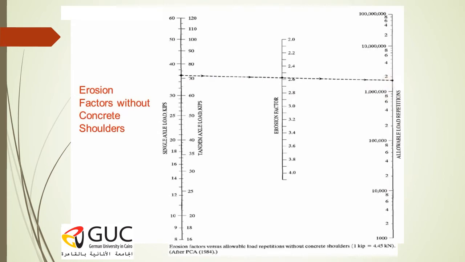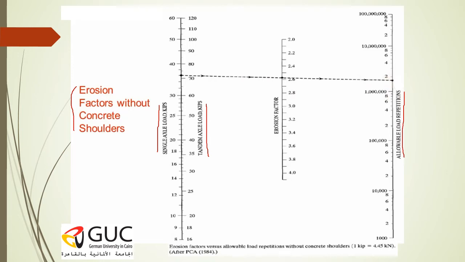So here we use this graph to obtain the allowable load repetitions. We know the single axle loads in kilopounds and the tandem axle loads. It is similar to what we did in the fatigue analysis. This graph here is for erosion factors without concrete shoulders.